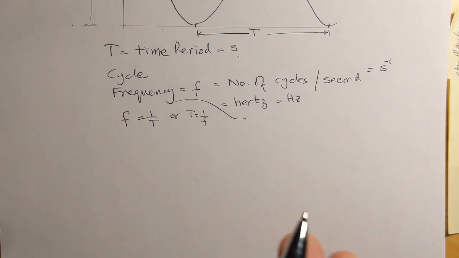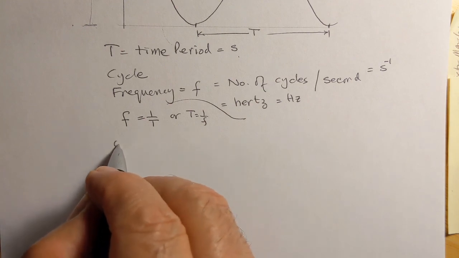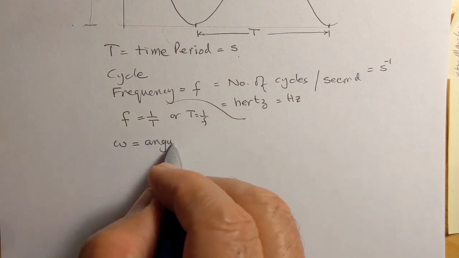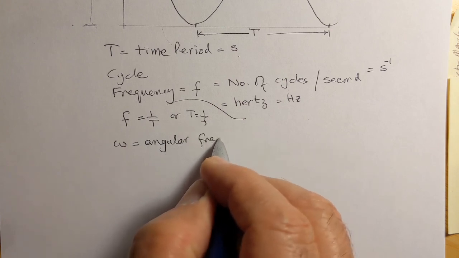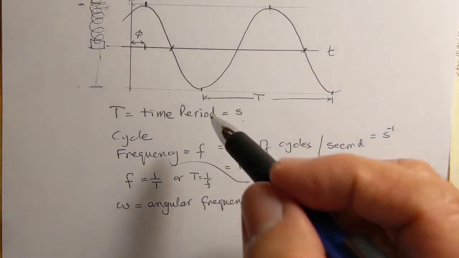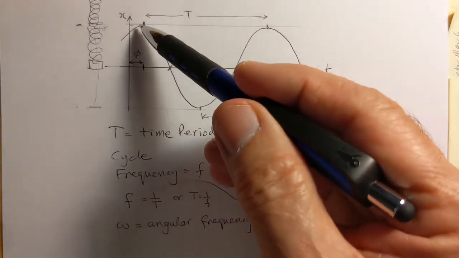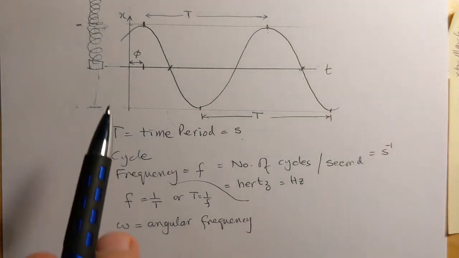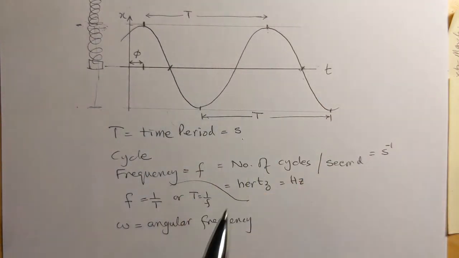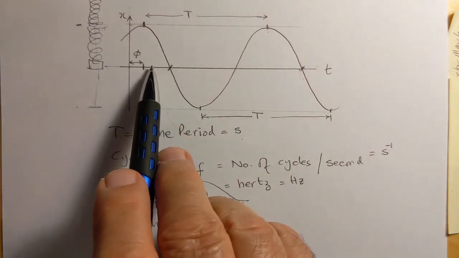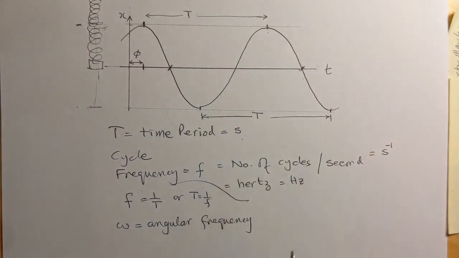Now we have another thing to define, and that is omega, the angular frequency. So when we have one complete cycle, let's say starting from here and going back here, then the angle moved is 2 pi radians. So in 1 second, if it covers 2 cycles, then there will be 4 pi radians.